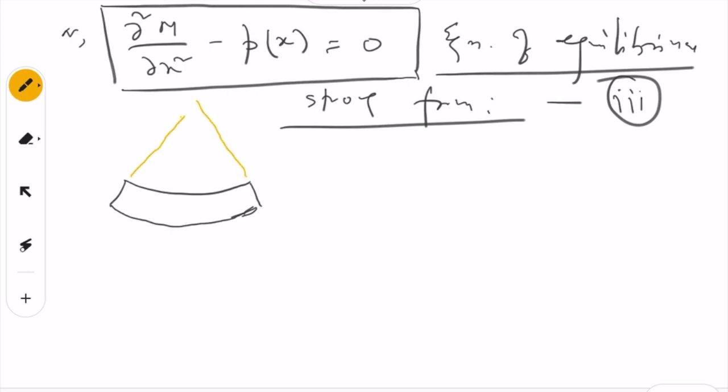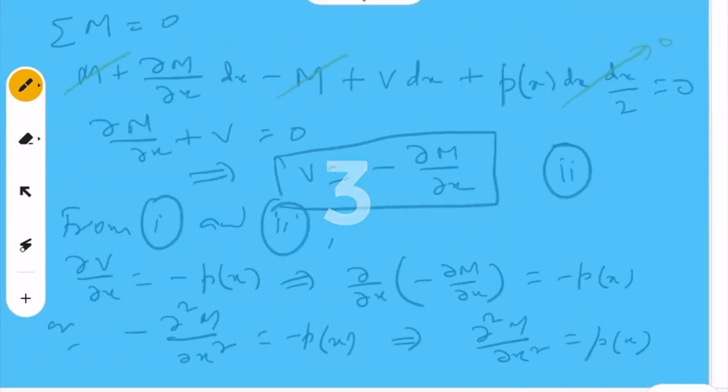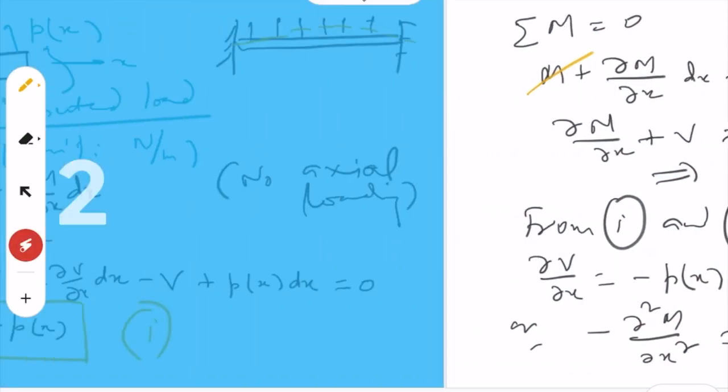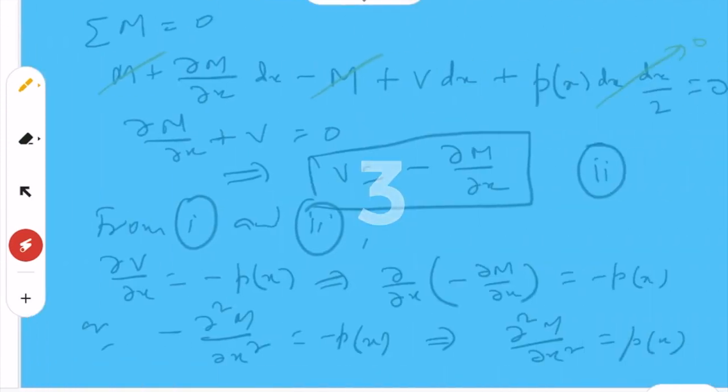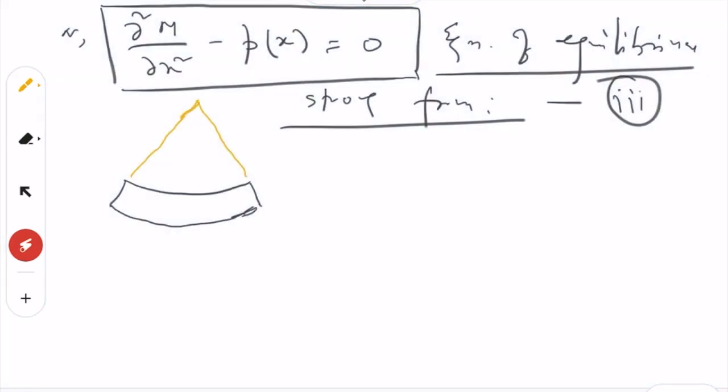Let us say this is a small element that we analyze here, assuming that bending is very small. So very small theta. However, here we are just exaggerating that theta is very large like this one, but actually the theta will be very small, or the radius of curvature will be very large.